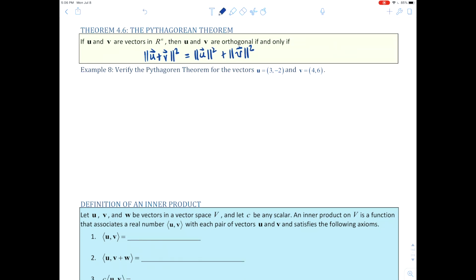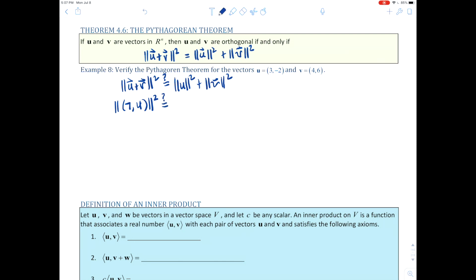So let's verify the Pythagorean theorem for the vectors u equals (3, -2) and v equals (4, 6). So let's do it. The magnitude of u plus v, the quantity squared, equals the magnitude of u squared plus the magnitude of v squared. And then we want to see if it's true. So the magnitude of u plus v, so u plus v would be what? The vector (7, 4).